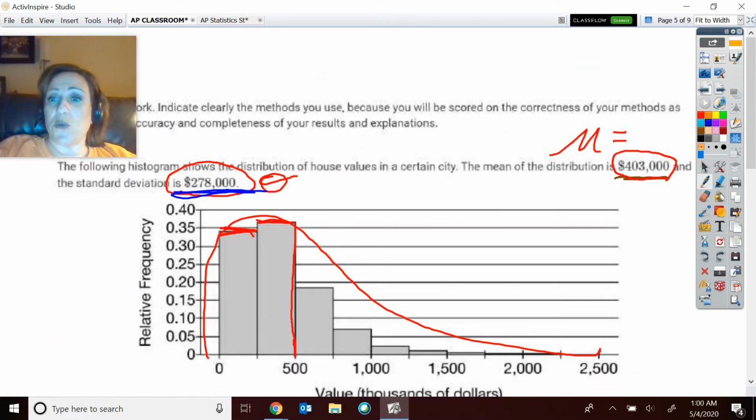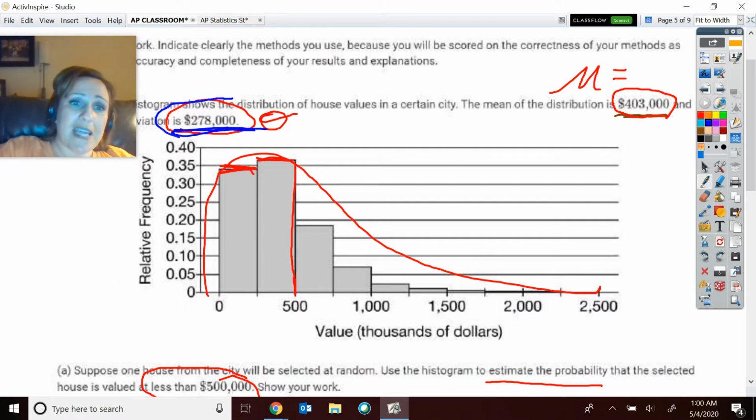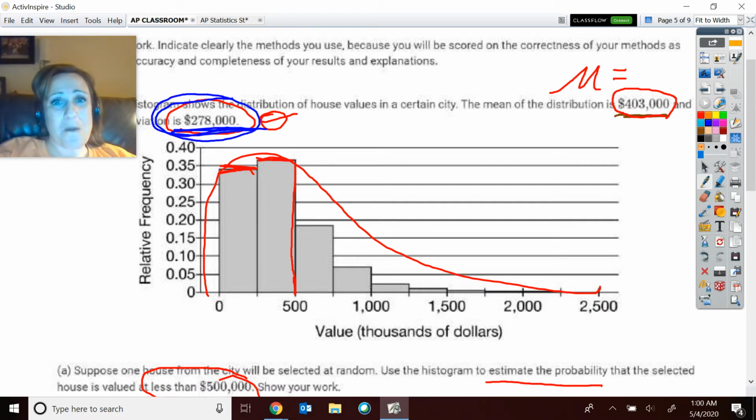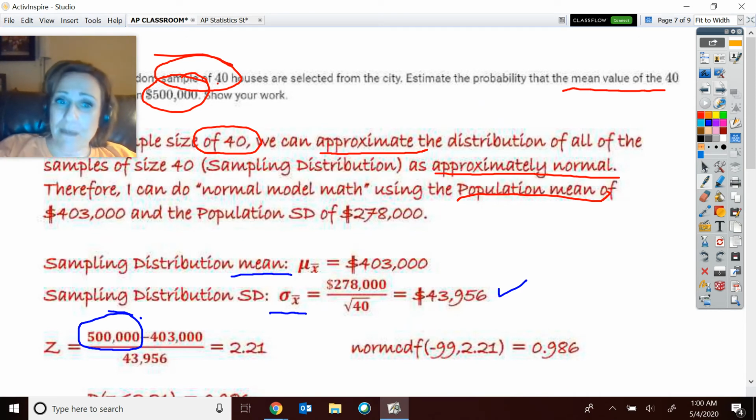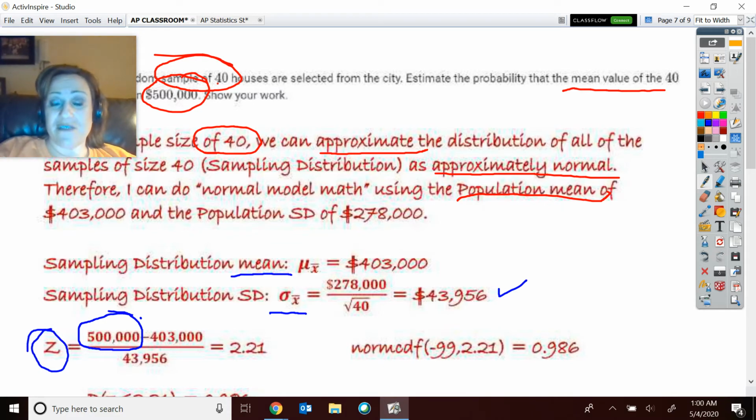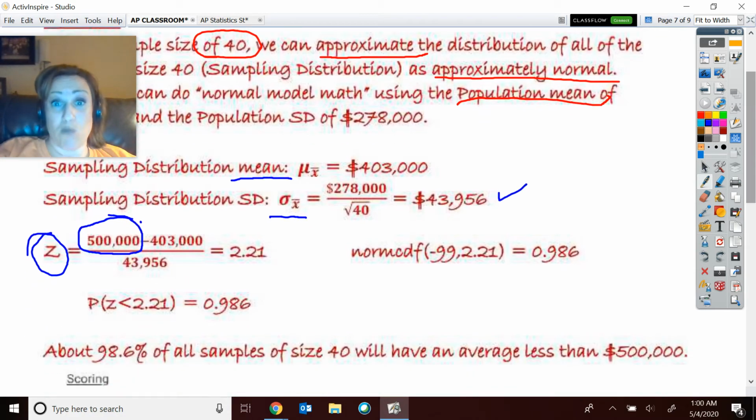We do have the population standard deviation. So this is kind of interesting. Because we happen to have that population standard deviation, I'm able to do z-score stuff and not just more variability with t-scores.